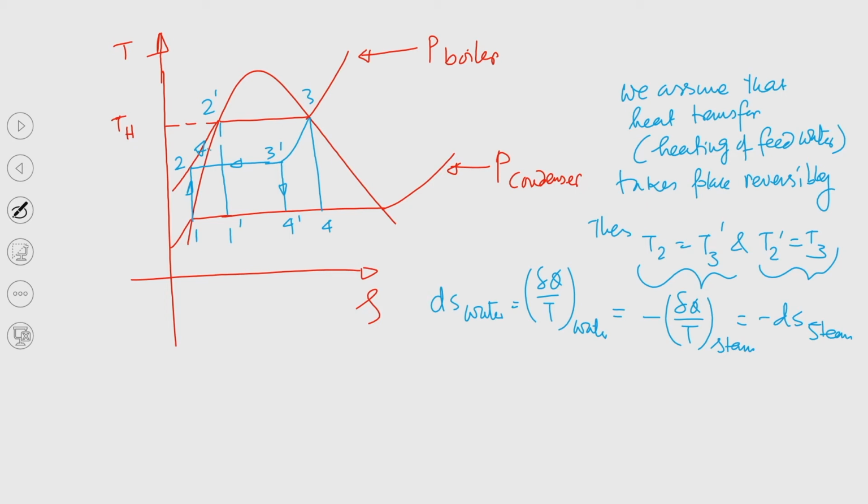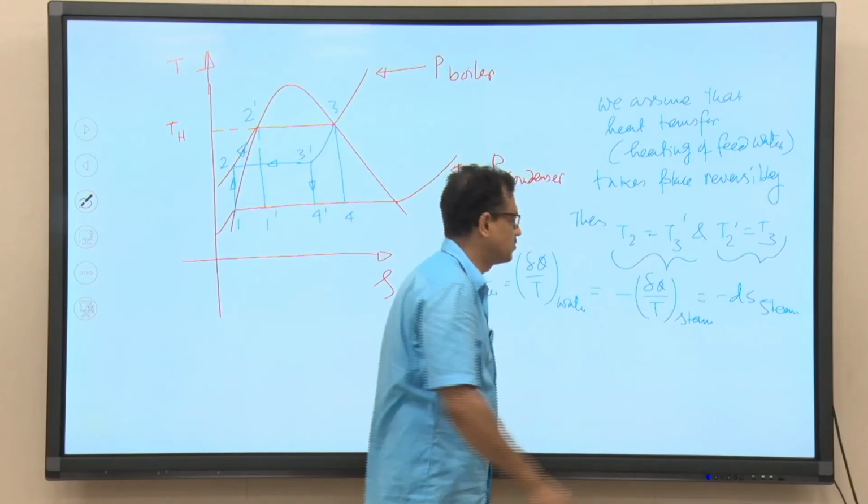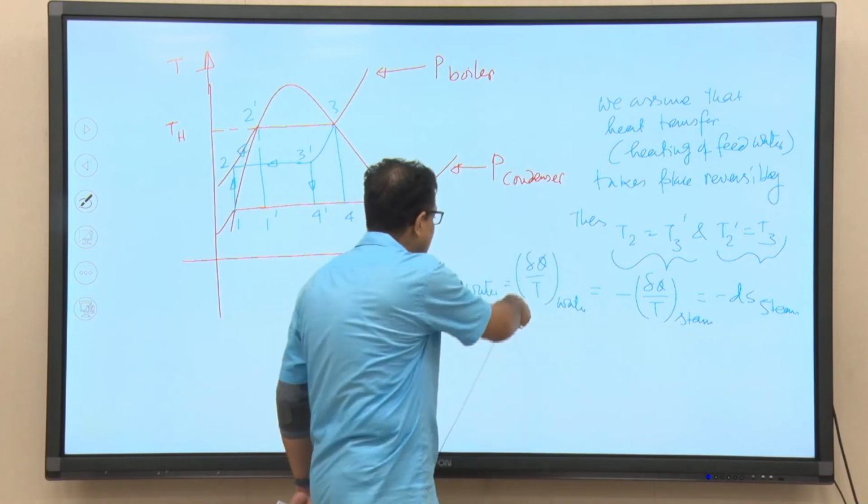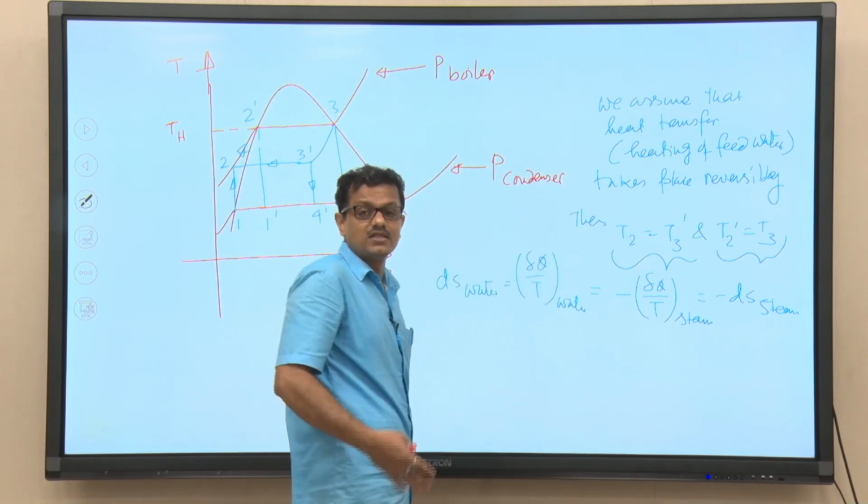Quite obvious, you have studied second law. So, heat will be gained by water which is allowed to pass through the coil. So, entropy of water will increase, but there will be transfer of heat from the flowing steam. So, entropy of the steam will decrease. So, that is why it is written minus ds of steam, but we have written this formula because we had considered this is reversible process.